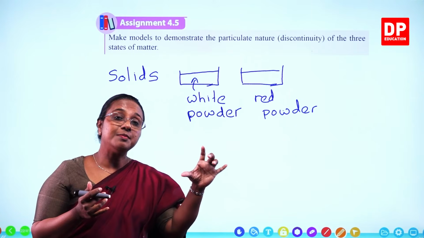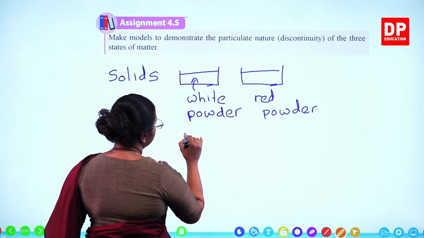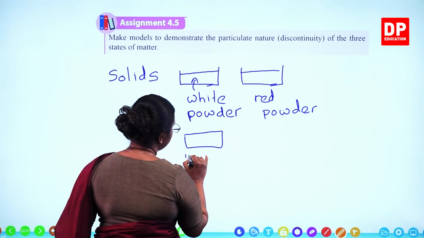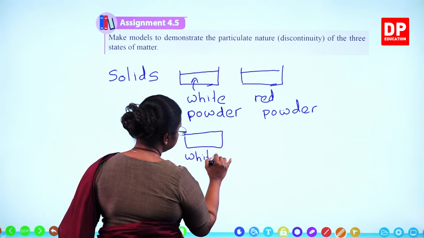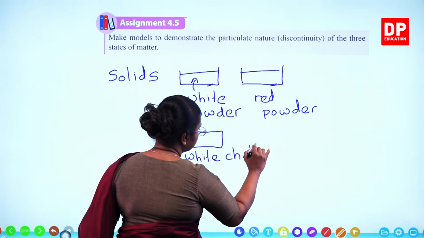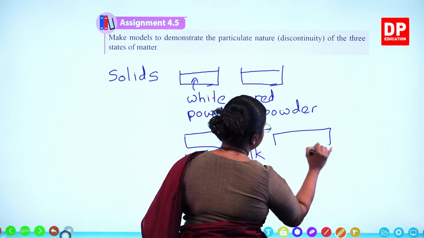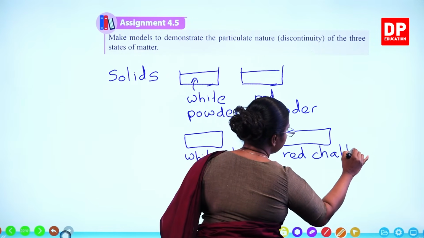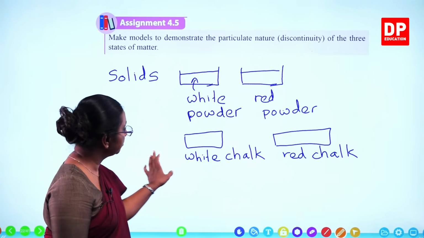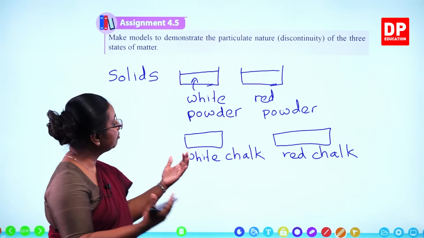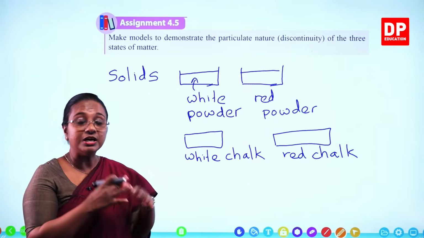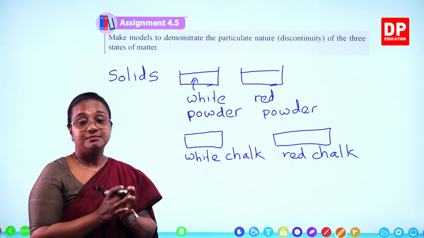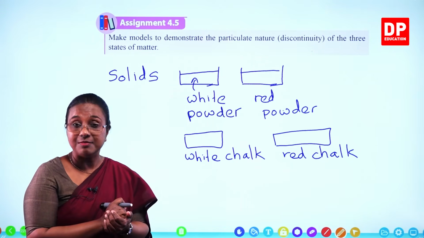Or you can take a piece of white chalk, and you can take a red chalk. We have used chalks for activities. You all know these are available in the lab. You can put both the chalks into a mortar and pestle and then you can grind them together.